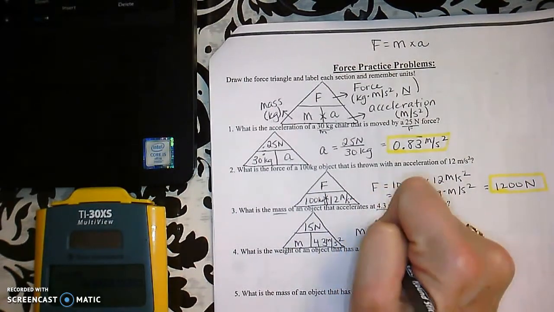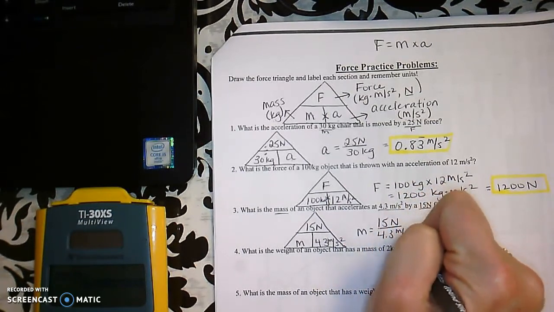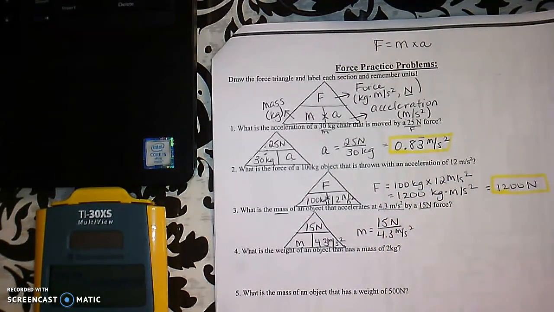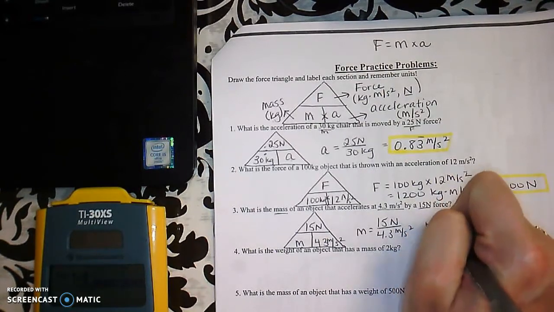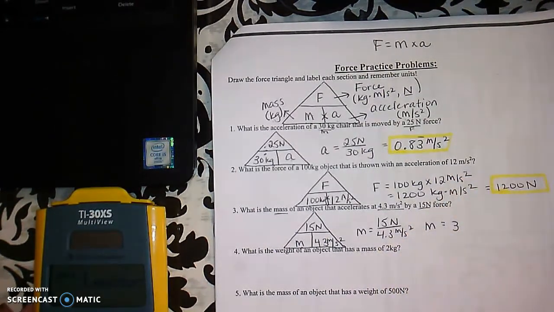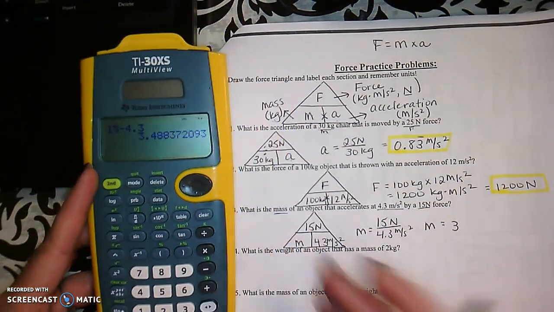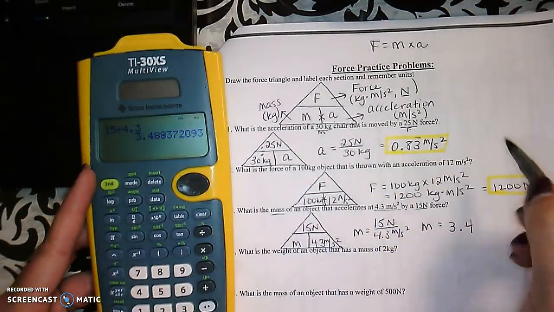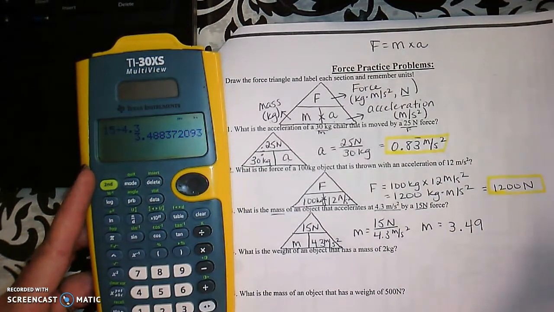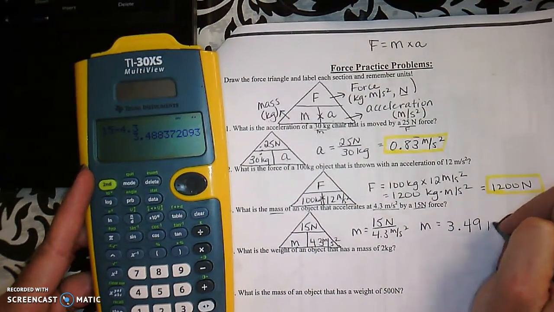So I have to divide 15 newtons divided by 4.3 meters per second squared. Can't do that one in my head. 15 divided by 4.3, and my mass equals 3.4. We've got to round it. This 8 is going to round that 8 to a 9. And then mass is measured in kilograms.